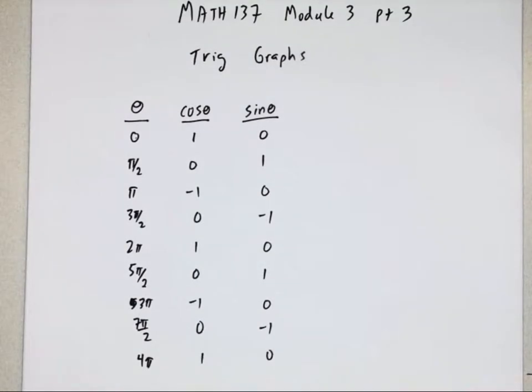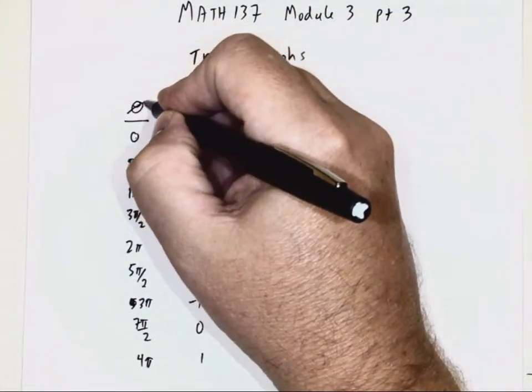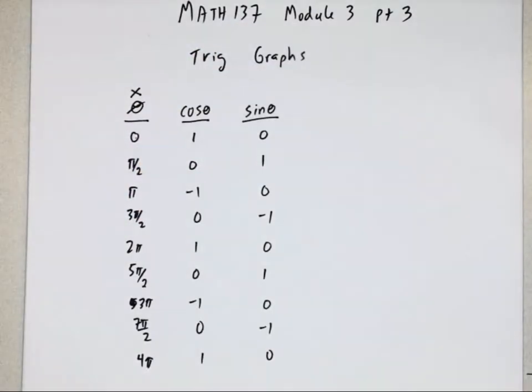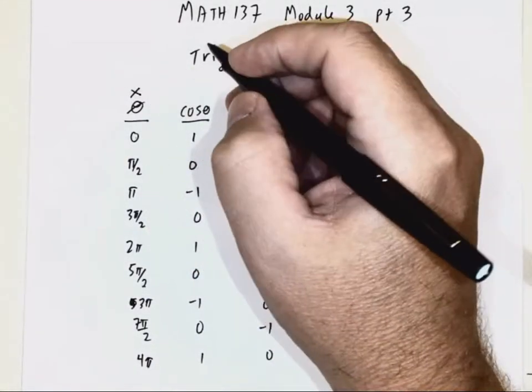However, what we're going to do now is, in the book, instead of using theta, they still like to use x, where x is now an angle. They just like the variable x. So in a sense, instead of calling the angle theta, we're going to call the angle x.